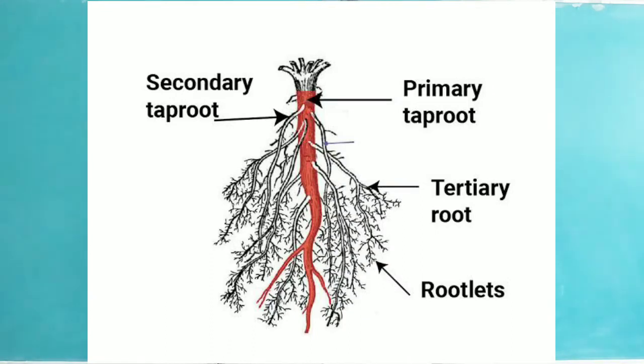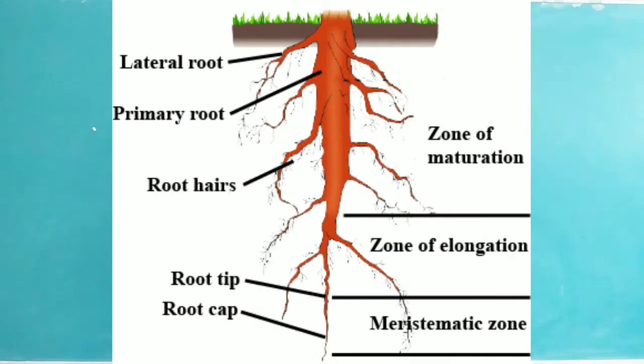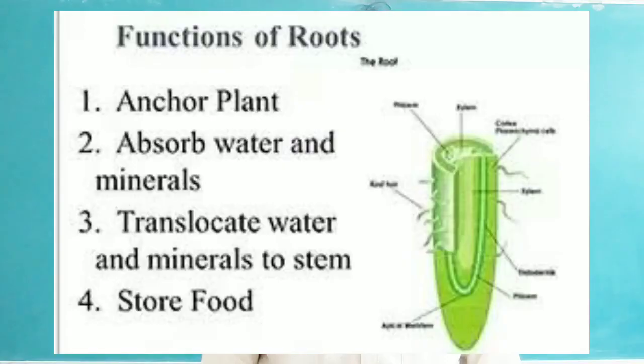They have a root cap, they have root hairs, and they do not differentiate into nodes and internodes. They are positively geotropic, which means that they move towards the soil. Lateral roots always develop endogenously, and the functions of roots are that they absorb water and minerals.